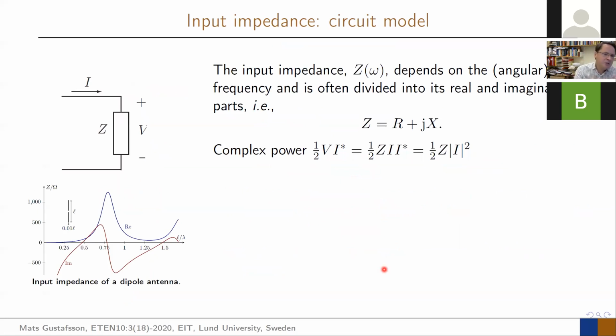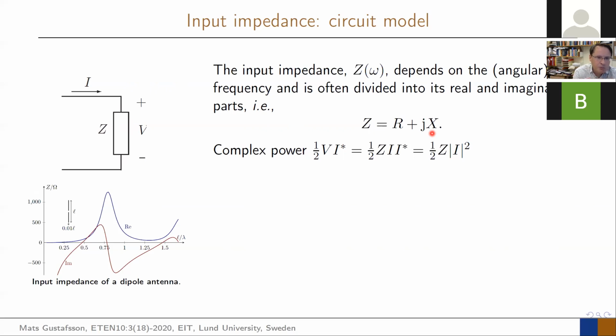So we will now see what this looks like. We will take our circuit model, which means this is the antenna, and we only have the input impedance, which means the voltage over the current. And in these cases, it's typical to divide it into its real part and its imaginary part. So we divide the input impedance as real part, imaginary part, and that is of course the resistance and the reactance of this input impedance.